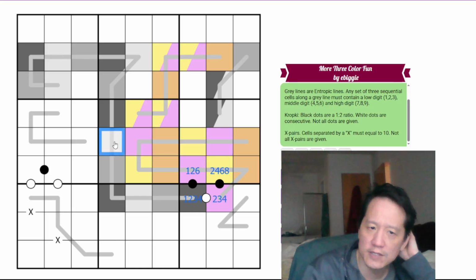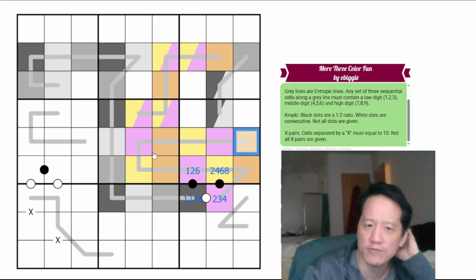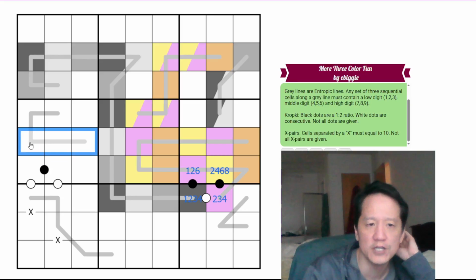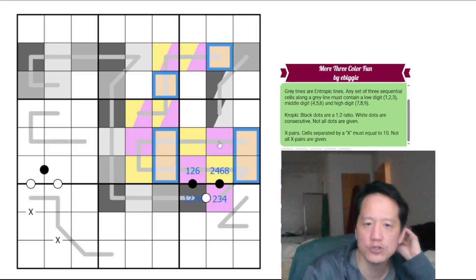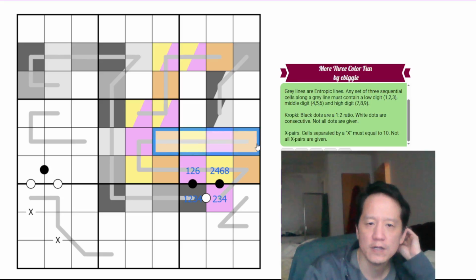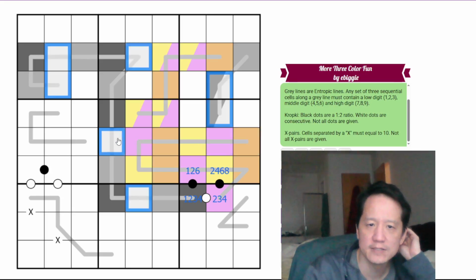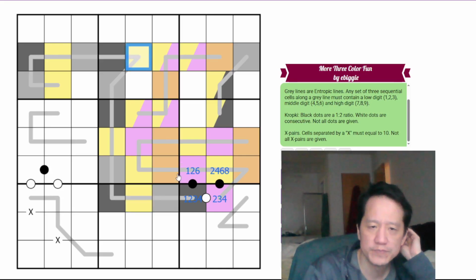That means this light color must be yellow, because we already have 3 each of orange and pink, because there's 1 each of these sets, and there's 2 more orange and 2 more pinks in row 5. Therefore, the lights must be yellow. So these are all yellow.